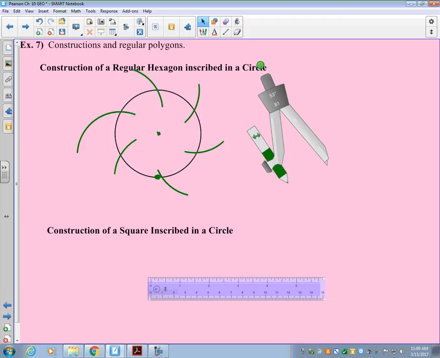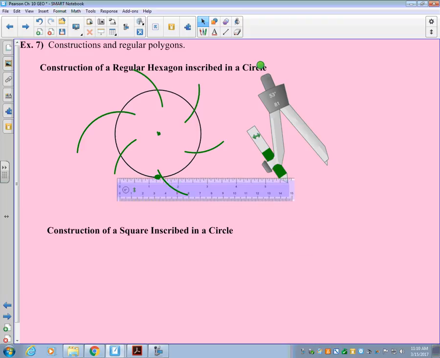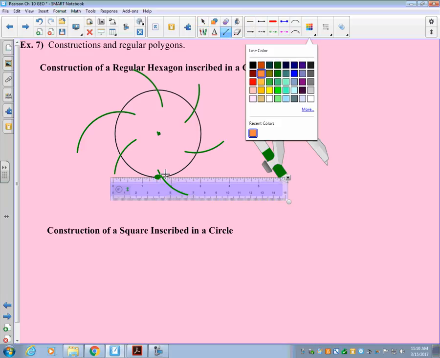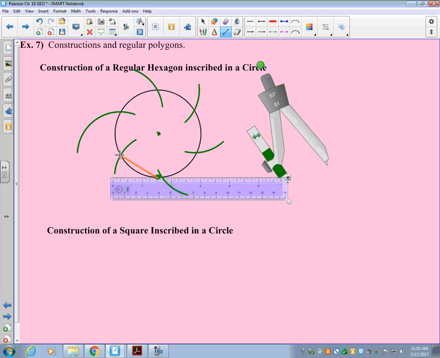Use your straight edge. Use your straight edge to connect all of your arcs. Use your straight edge to connect all of the intersecting points.